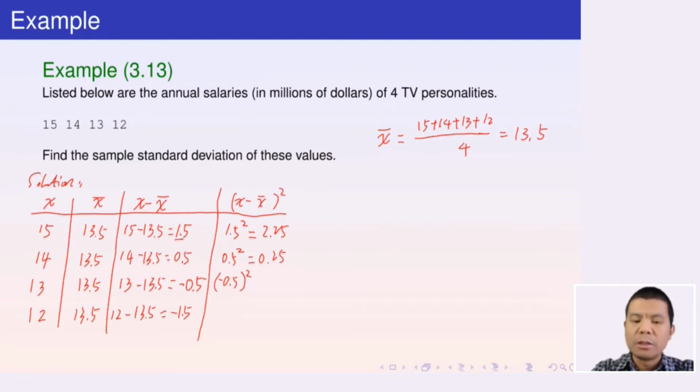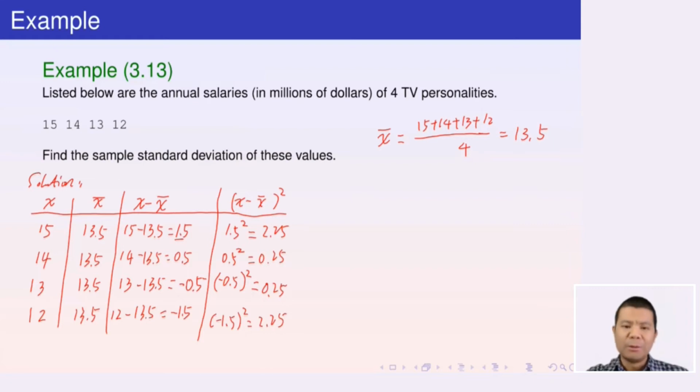The square of negative 0.5: if you are using a calculator, make sure that you have the parentheses, so negative 0.5 is enclosed by parentheses, and then you take the square. Here you found that it's 0.25, and finally, negative 1.5 squared is 2.25. So that's all the squares.